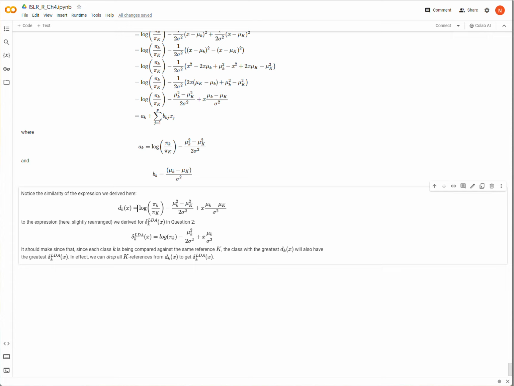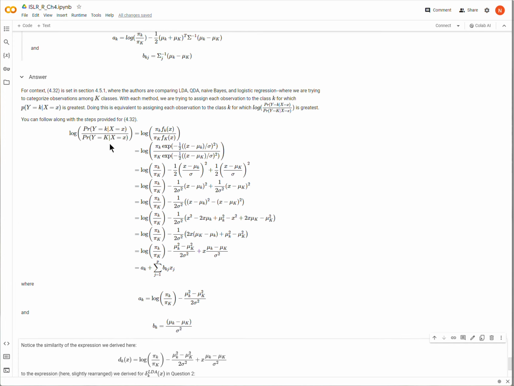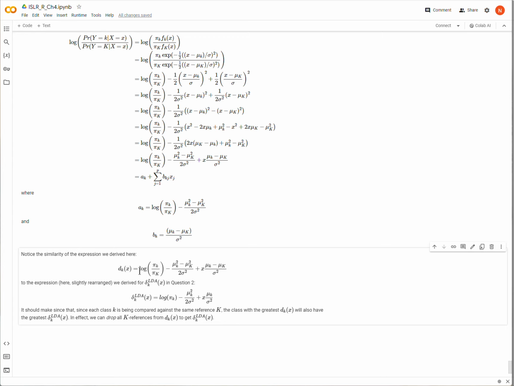But it should make sense that these two expressions are very similar because they're both trying to do the same thing. In the case of LDA, we are trying to assign an observation to the class for which this value is greatest. And similarly, for what is happening here, we are assigning an observation to the class that has the largest of this value.